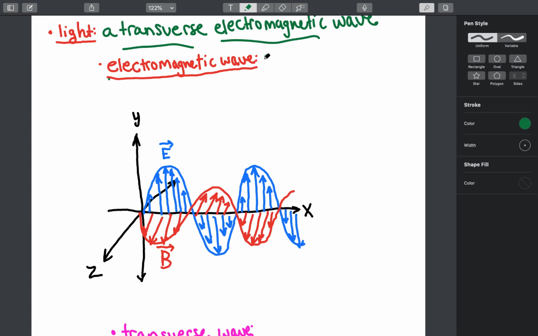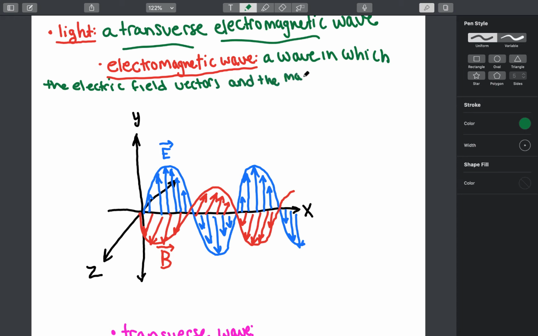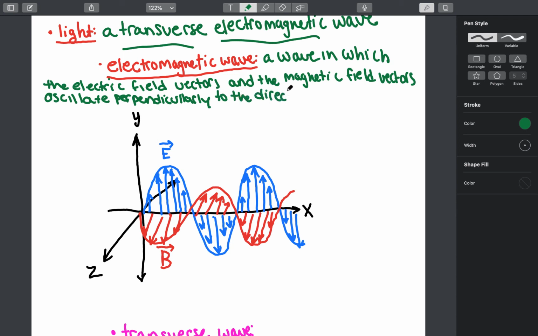An electromagnetic wave is a wave in which the electric field vectors and the magnetic field vectors oscillate perpendicularly to the direction of propagation.